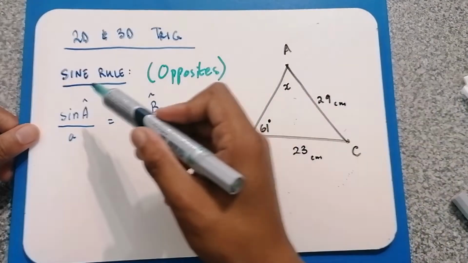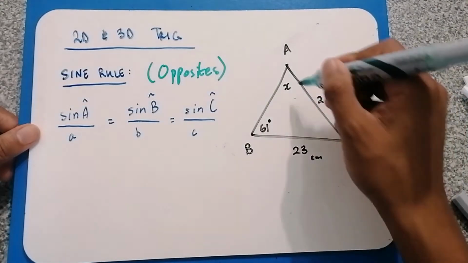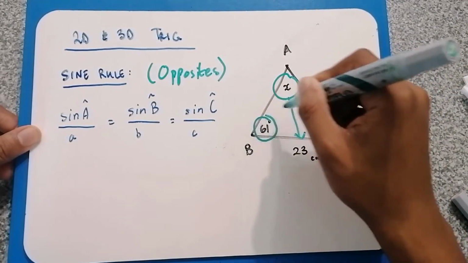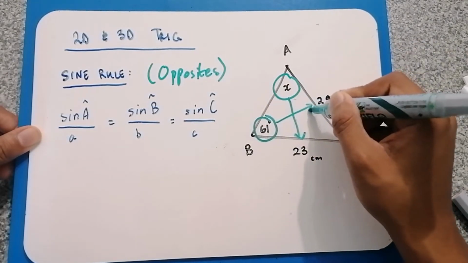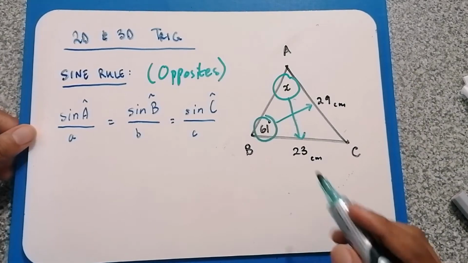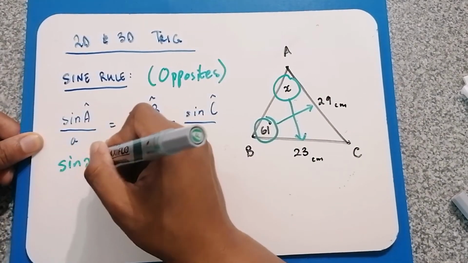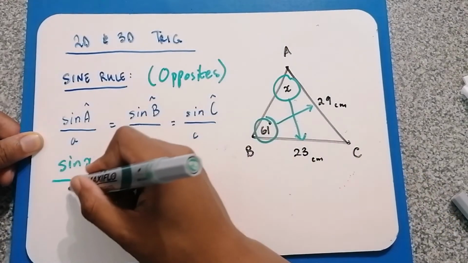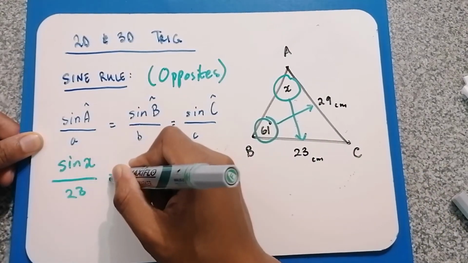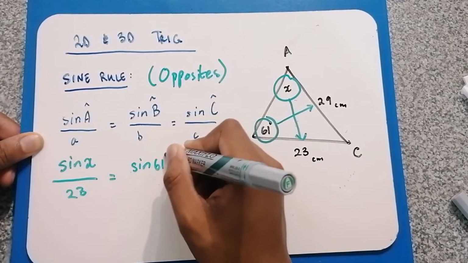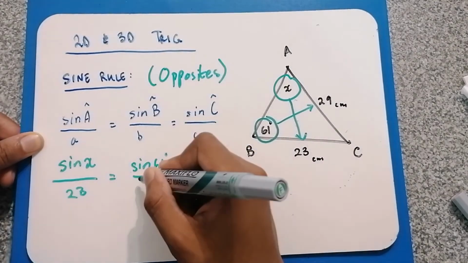Now, we're going to make use of the sine rule because we have opposites: x and its opposite side, the 61 degrees and its opposite side. So let's make use of the sine rule. Sine of x over 23 is equal to sine of 61 degrees over 29.